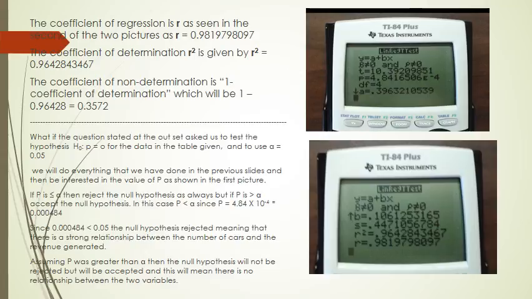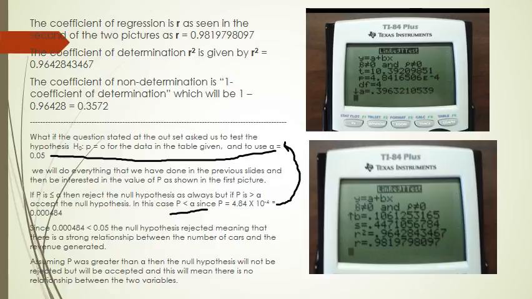So if the value of P is less than or equal to alpha, the null hypothesis is usually rejected. But if P is greater than alpha, the null hypothesis is accepted. In this case, P is less than alpha, because 4.84 times 10 raised to the power minus 4 is definitely less than 0.05, which is our value of alpha in the question that was just asked.